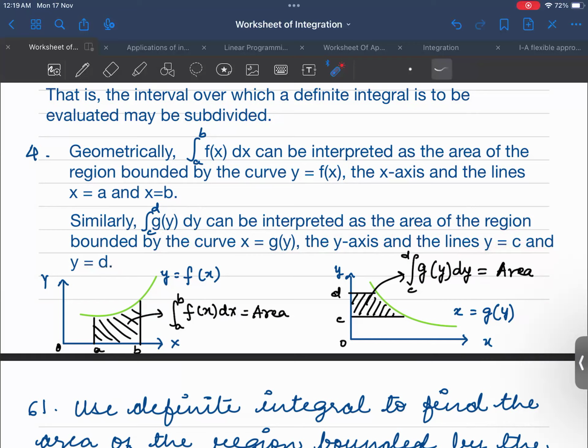It depends upon how we are taking it. Let's take the example. There is a graph where there is an x-axis and a y-axis from 0.